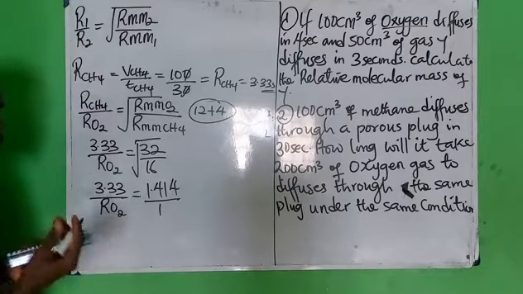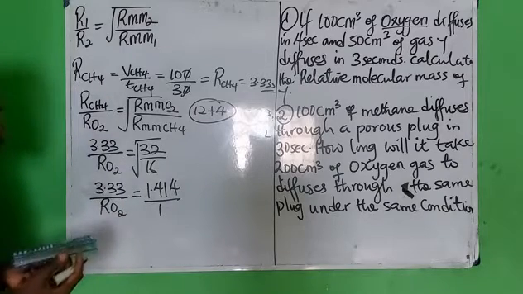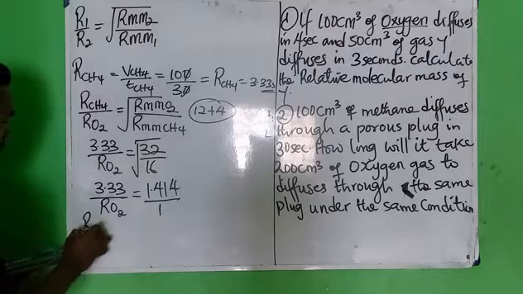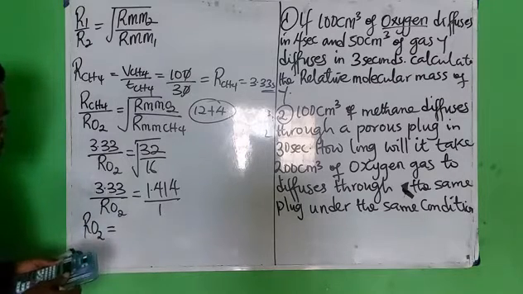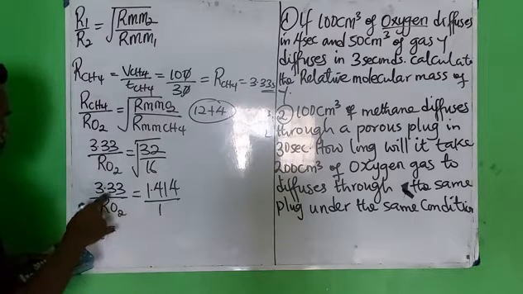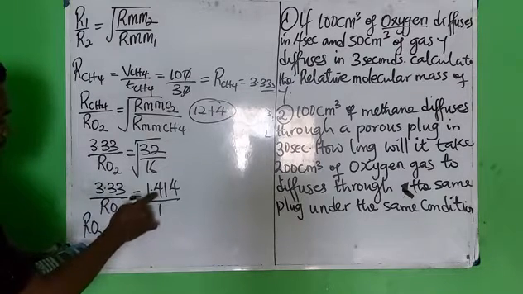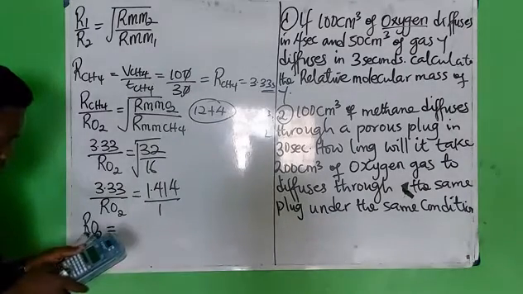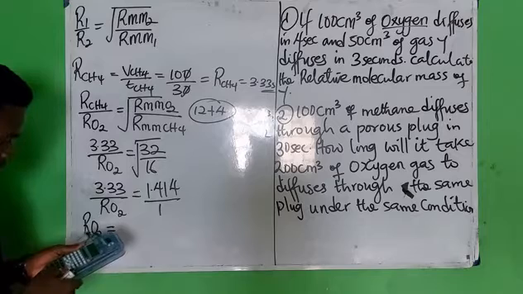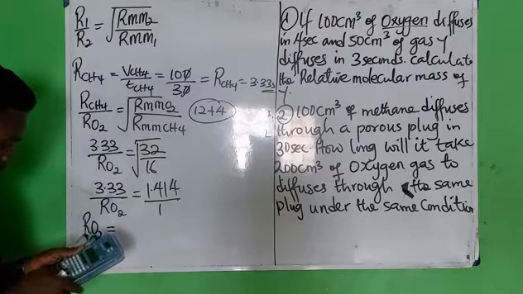So what do you do next? You cross multiply. If you cross multiply, you'll have that the rate of oxygen equals this times this, then divided by this.